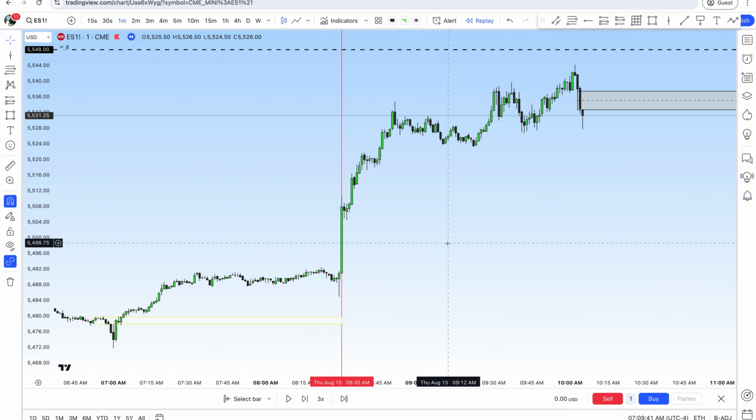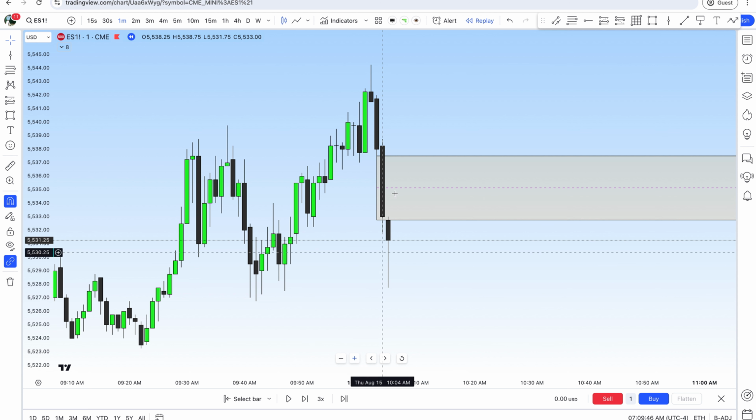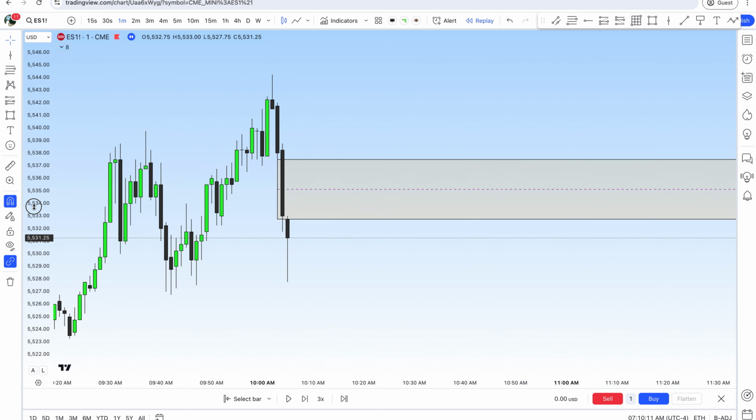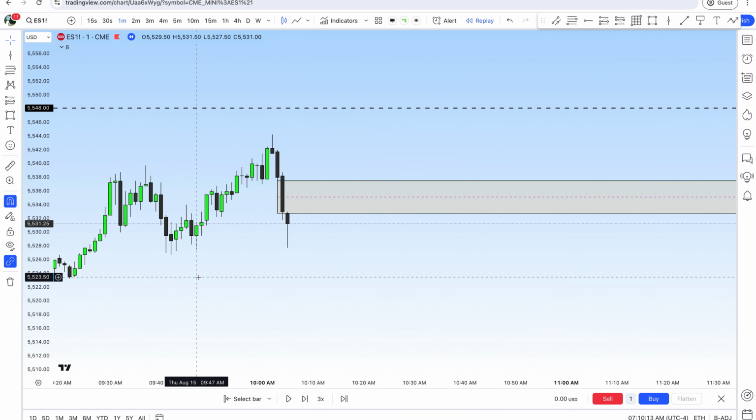These boxes that you see me draw are actual levels that I'm referencing: 5537.50, 5535.25, which is equilibrium, and 5532.75. These are the specific levels that I'm looking at, and I'm watching the sensitivity of price when it reaches these levels.